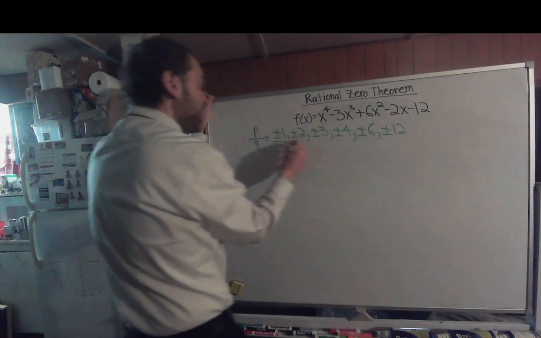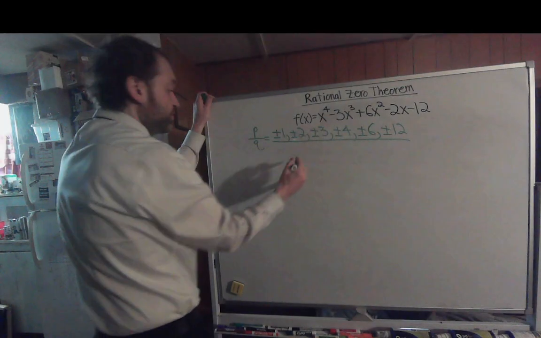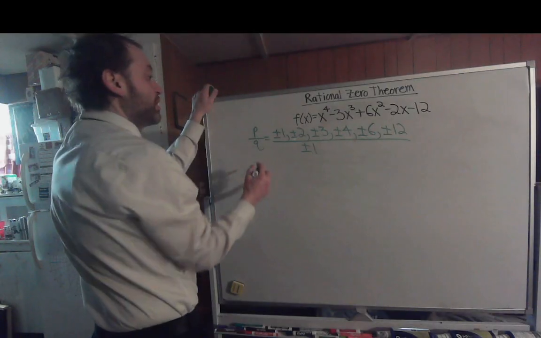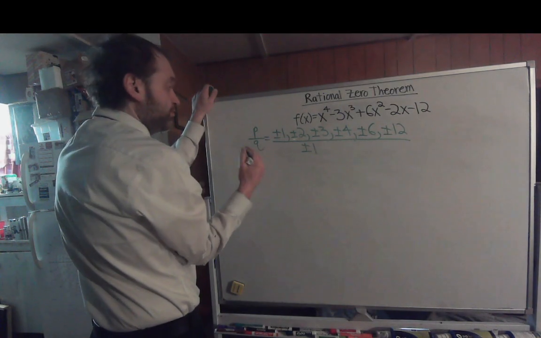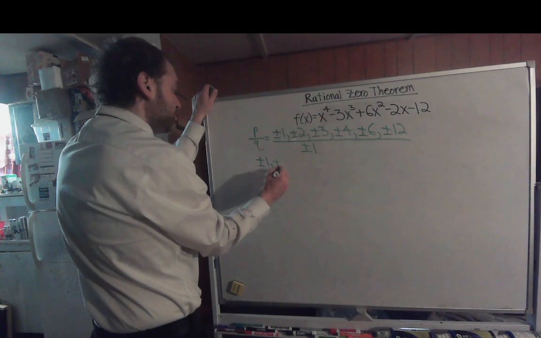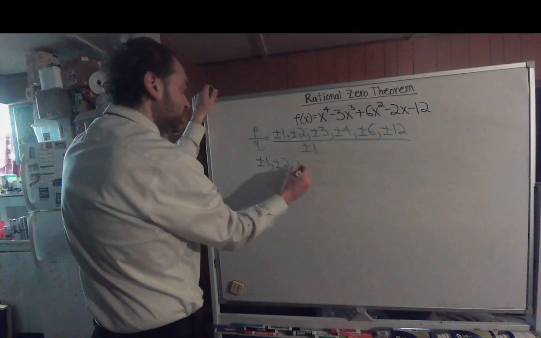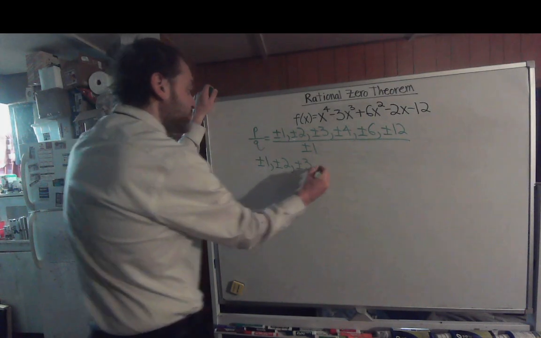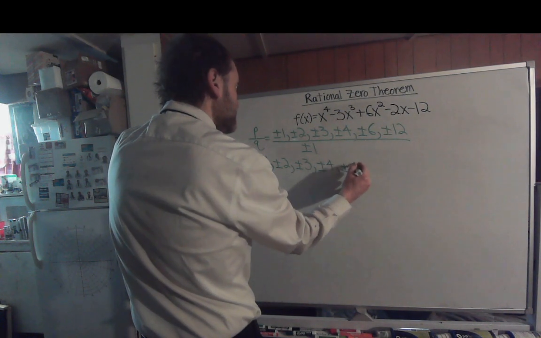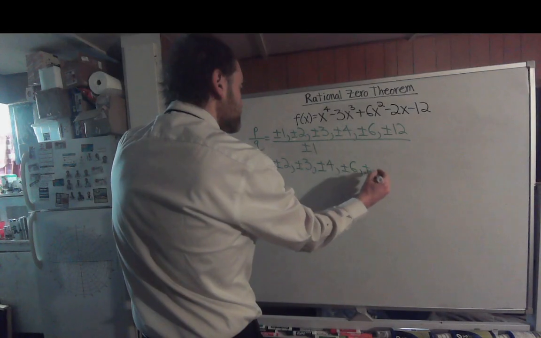All over the factors of your leading coefficient, which is just 1, plus and minus 1. So now you have a grand possibility of, for your rational zeros, plus and minus 1, plus and minus 2, plus and minus 3, plus and minus 4, plus and minus 6, and then plus and minus 12.